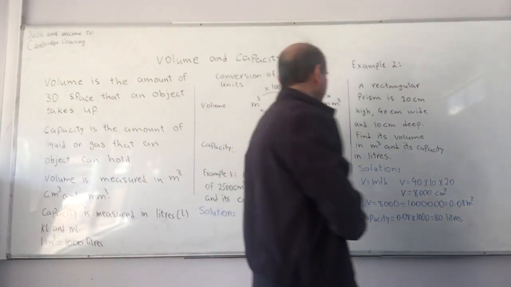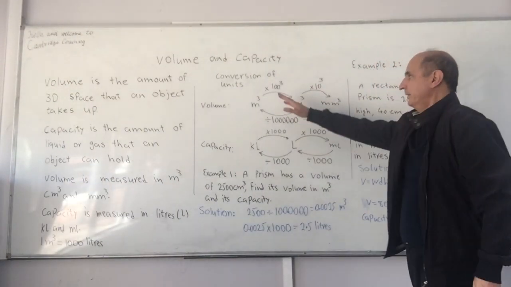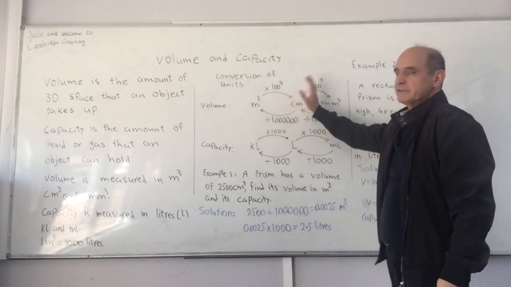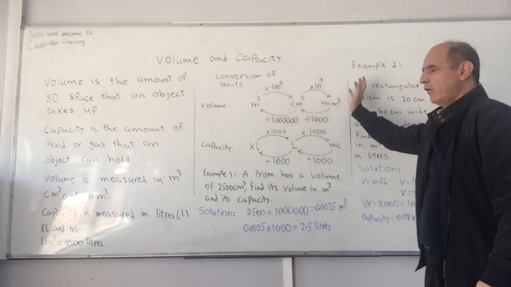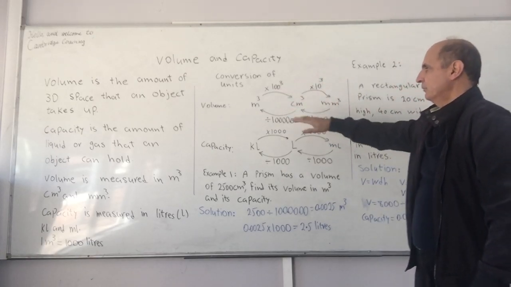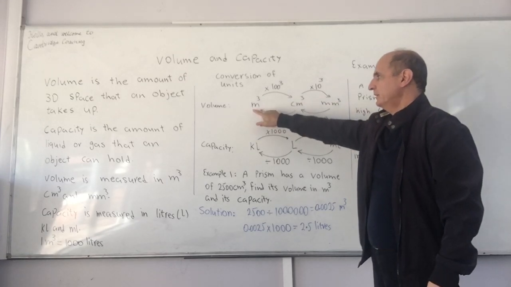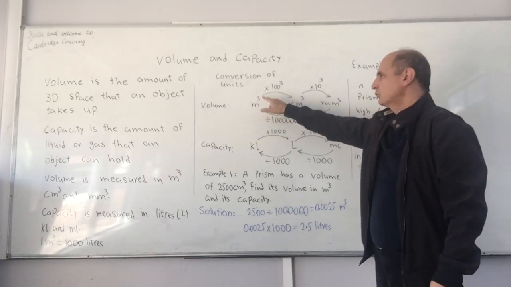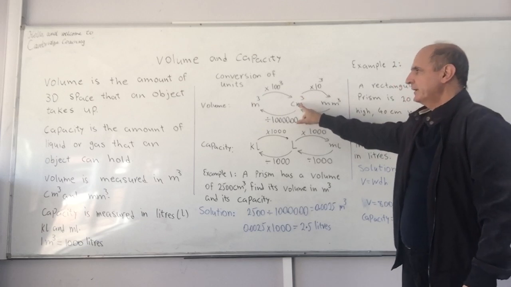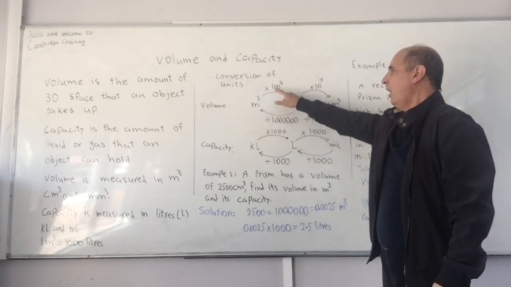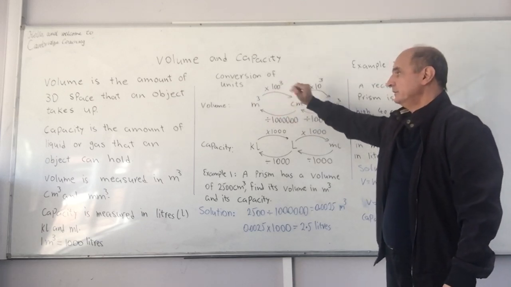Alright, here I have different units of volume and how to go from one unit to another. So if your volume is given in cubic meters, to go to cubic centimeters, times it by 100 to the power of 3.